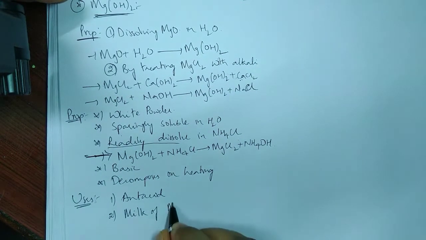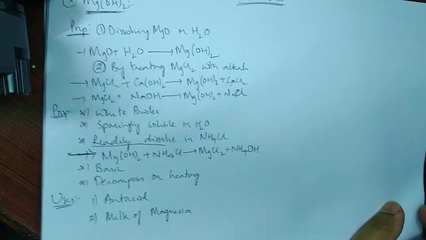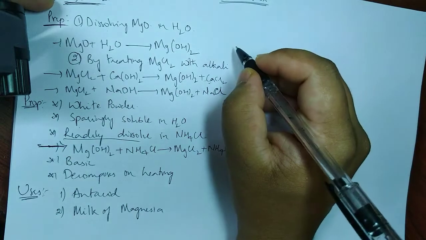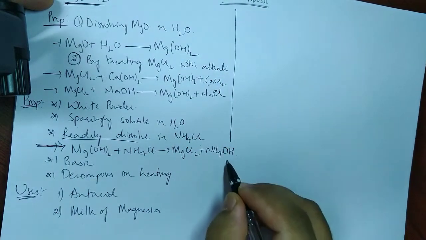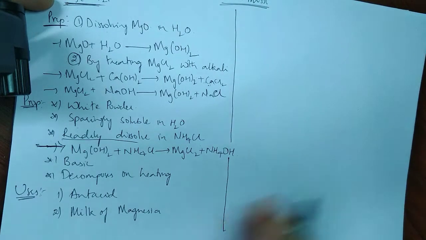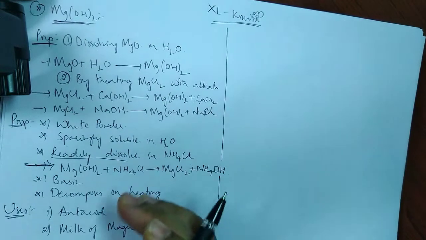I hope you know the use of an antacid. It acts as a base, and what we normally take, like ENO and Gelusil, comprises this only. So this is magnesium hydroxide, nothing much.